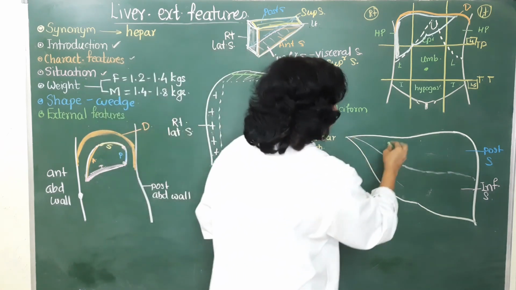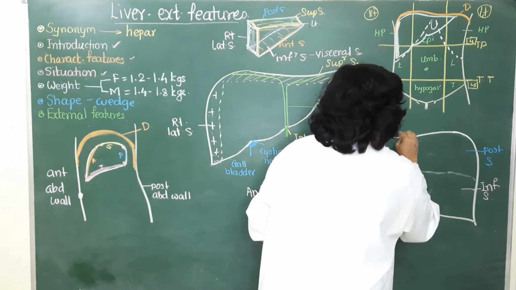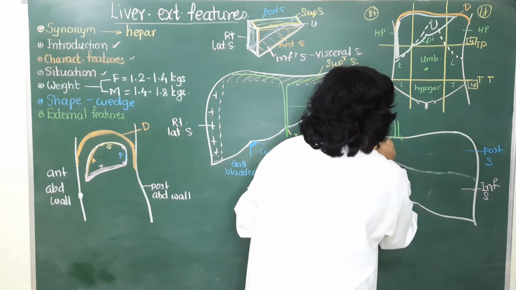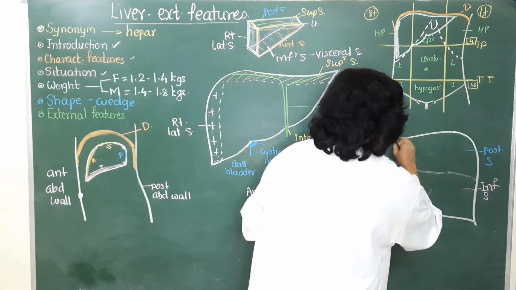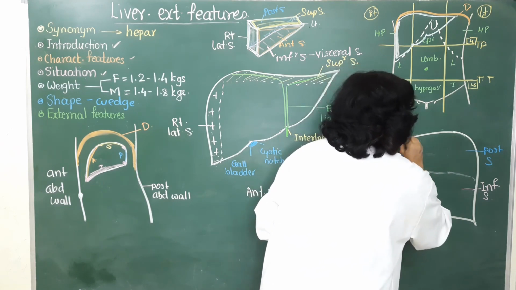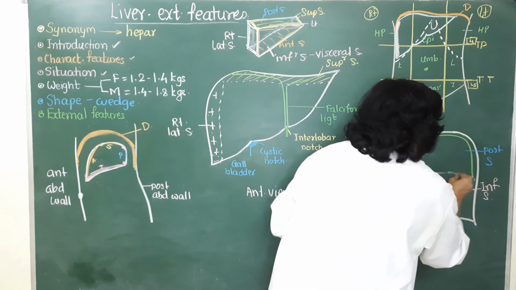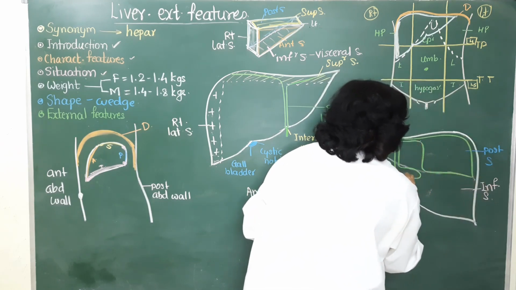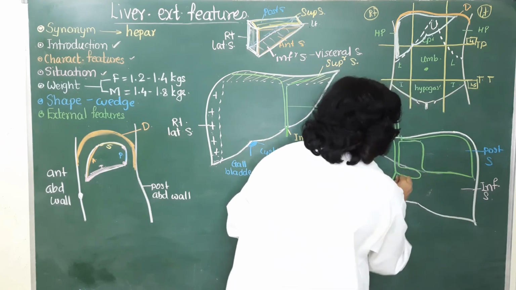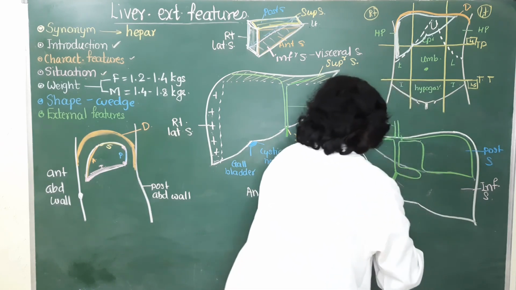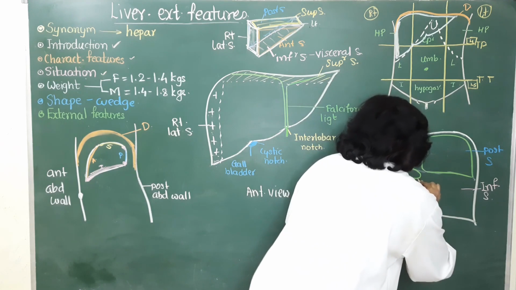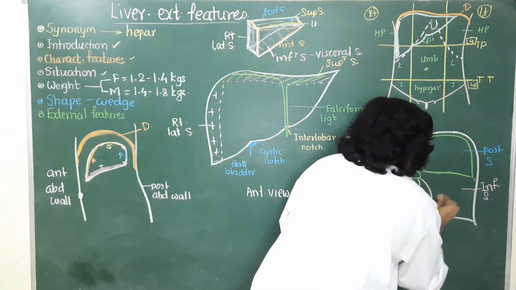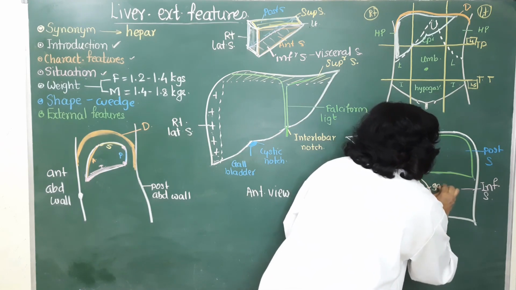While posteriorly, if you see here, this is the falciform ligament, and here you get the structure like this. This is the gallbladder.